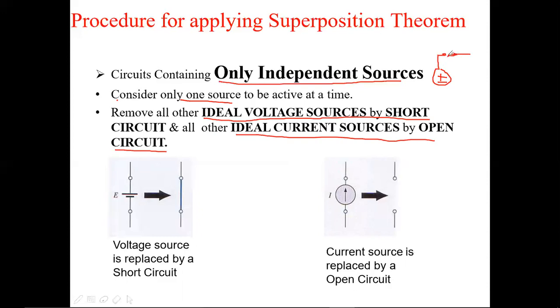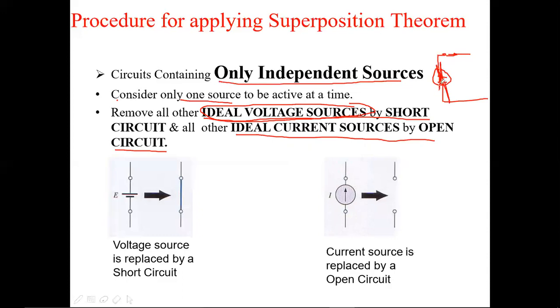What I'm trying to say is, ideal voltage sources are replaced with their internal resistances. You can write that wording clearly. Remove all other ideal voltage sources, replaced with their internal resistances. What is the internal resistance of an ideal voltage source? 0. Then I am going to short circuit this.